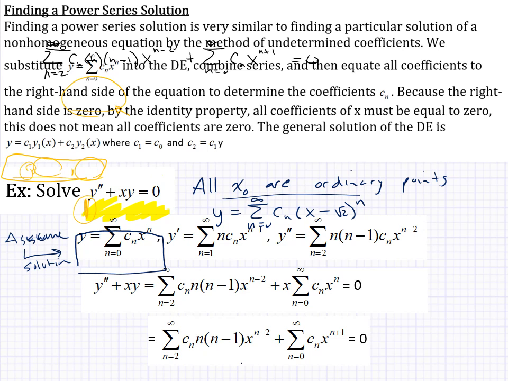And that's going to be what my power series is going to look like as a solution. But I'd have to keep writing x minus square root of 2 over and over and over again. Every time I see an x, it's going to be x minus the square root of 2 to the n minus 1, to the n minus 2. And I really don't want to do that. So we are going to center at 0.